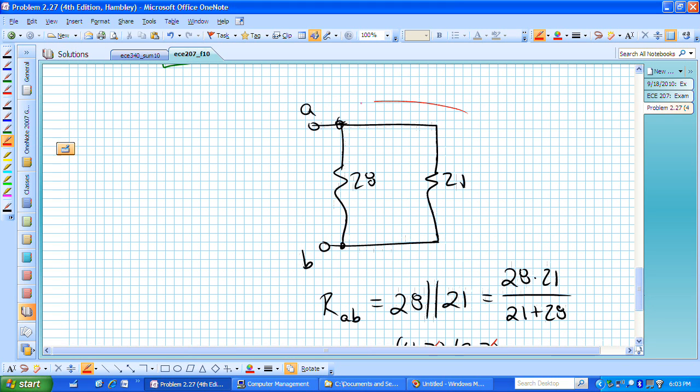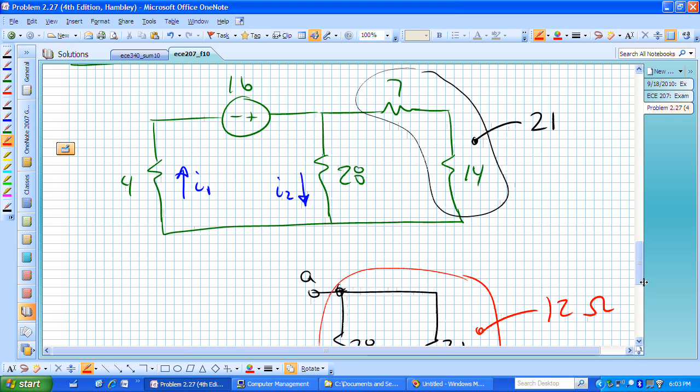If I were to now replace these two in parallel, that's going to be a 12 ohm resistor. If I look back at the circuit, I've now replaced this combination or collection of resistors with just a single resistor, which is 12 ohms. Let me resketch the circuit.